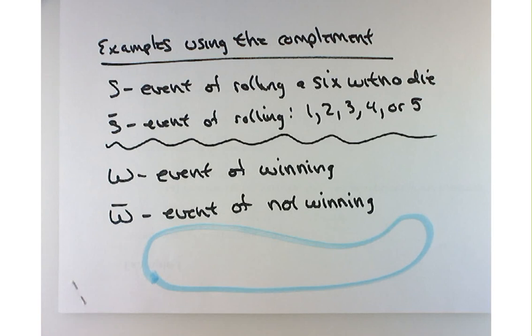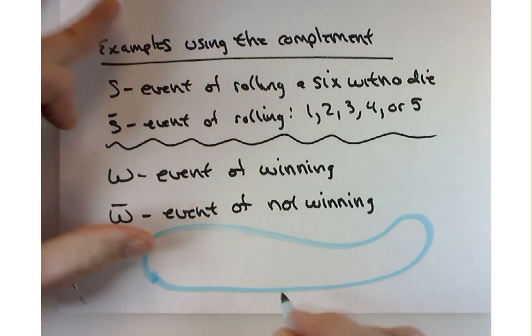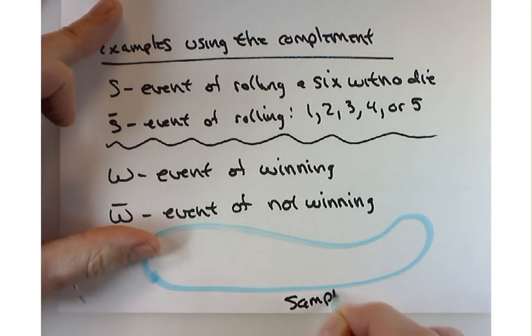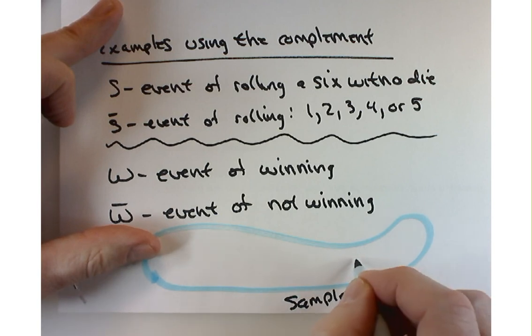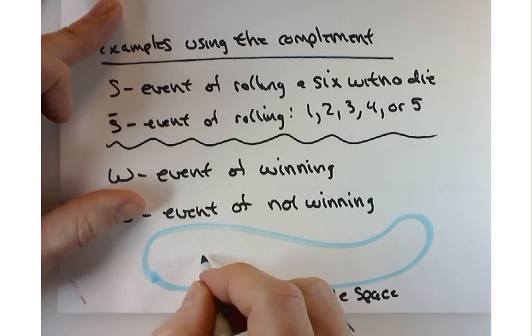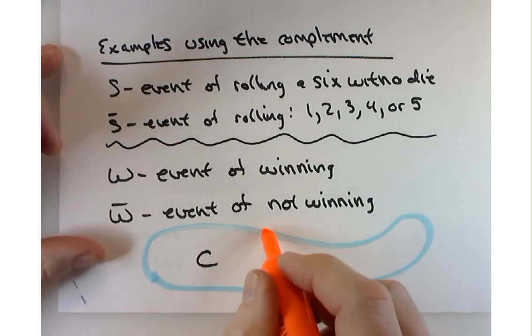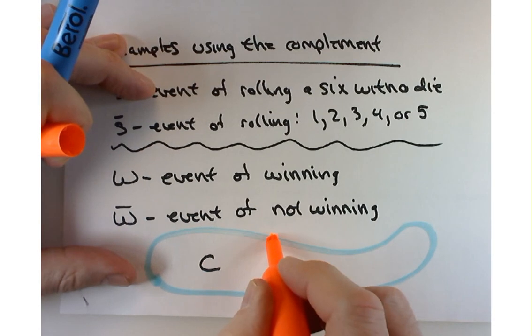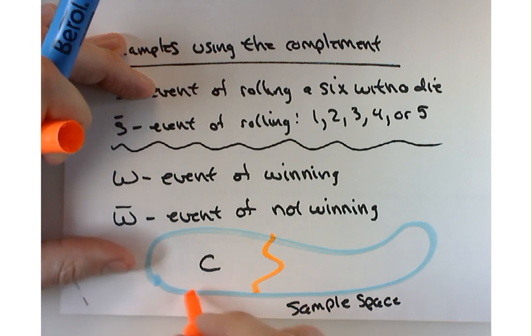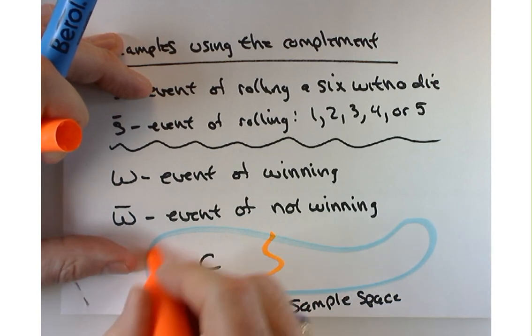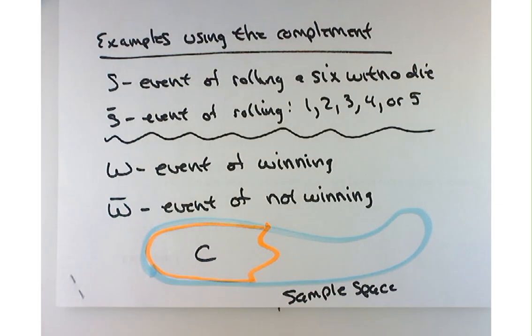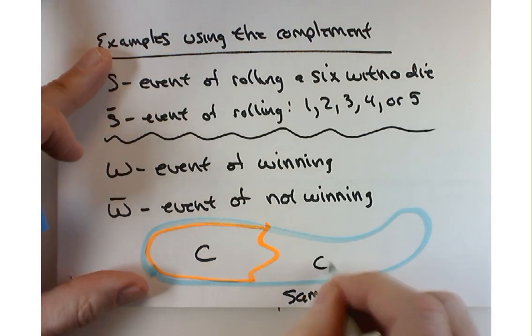So let's say this is our sample space. This is everything that can happen. Let's put event C here. That's the event of C. So C is everything on this side of the sample space. Then everything on the other side of the sample space is C bar.